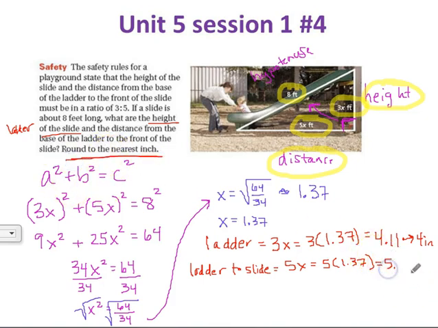So when I get 6.85, rounding to the nearest inch, I'm going to round up to 7 inches. So make sure you're following directions and reading what it asks you to round to. So we got 4 inches and 7 inches respectively for the distances we were asked to find.